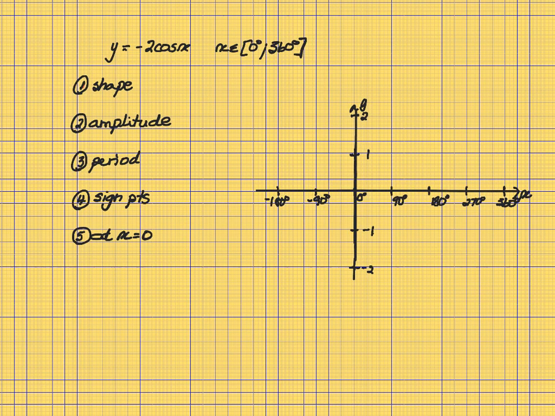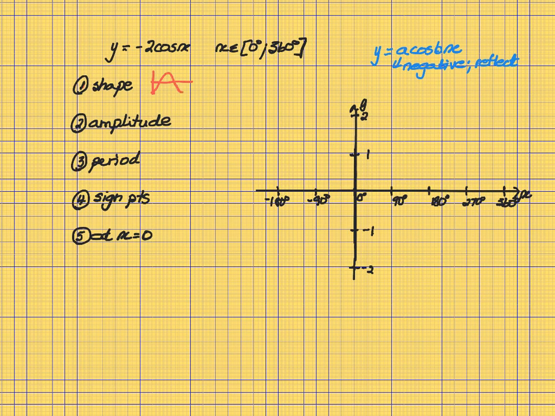The shape of the graph is a cos graph, but as you know from your investigation of y is equal to a cos bx, if a is negative, then that has the effect of reflecting the graph about the x-axis. So I'm going to reflect that in my shape here. That is going to be the shape, the reflected cos graph.